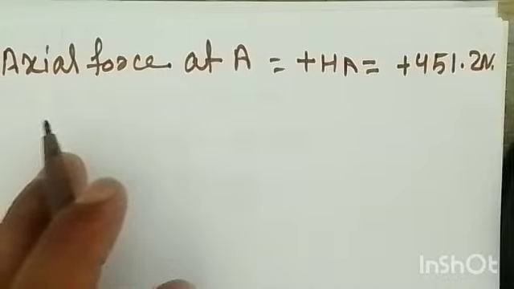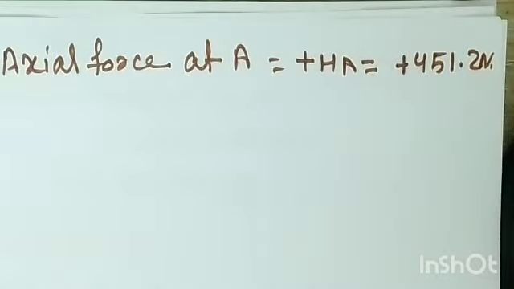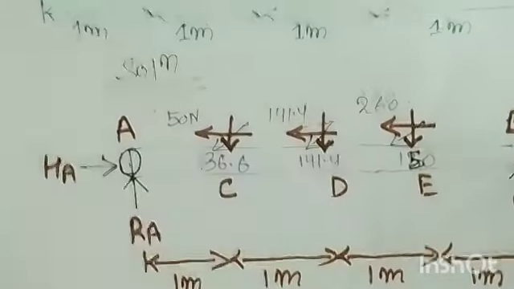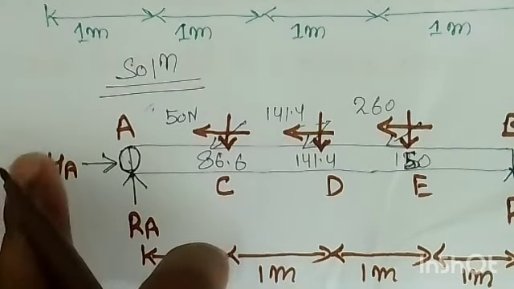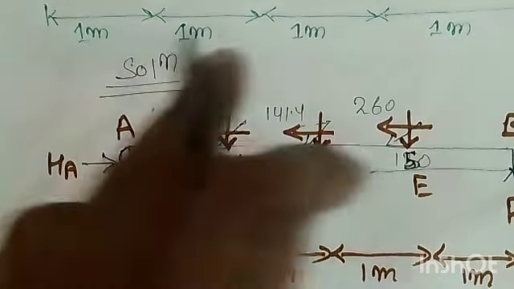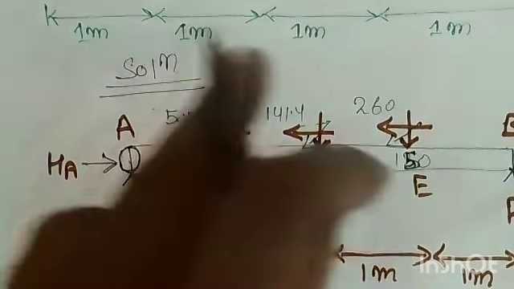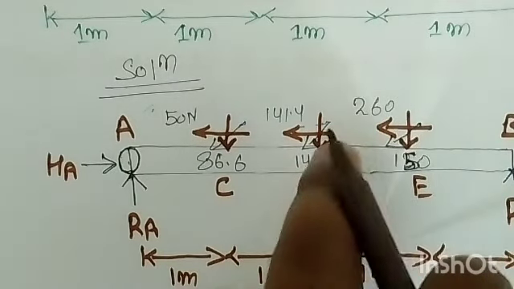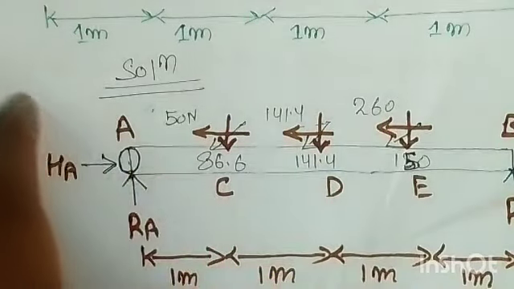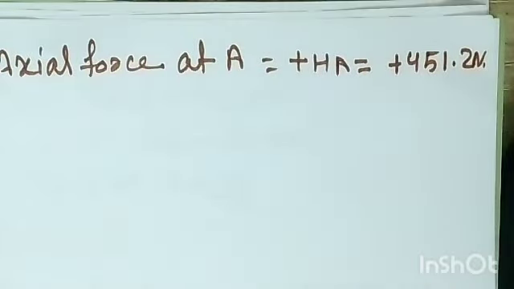So now the axial force, if you see, is the same. The axial force between A to C remains constant, but at C we have a horizontal force, so at C it is HA minus 50. Similarly between C to D it is constant, at D it is the calculated value minus 141, similarly D to E it is constant, at E minus. Is it or not? So I need not write that much of a statement.